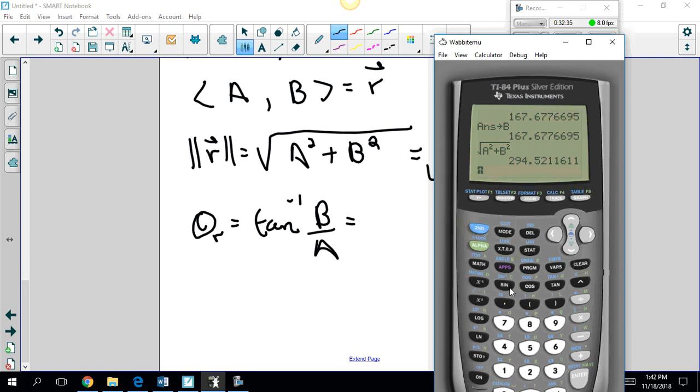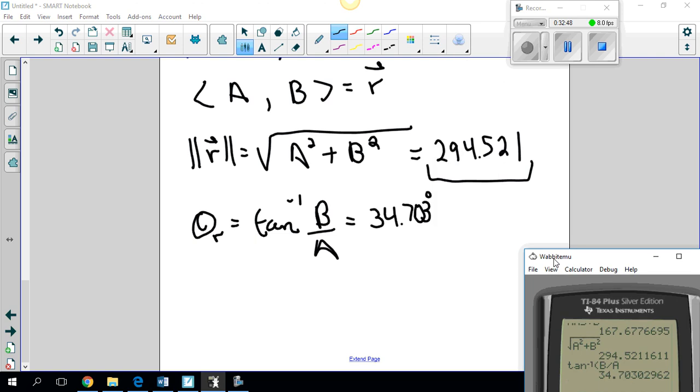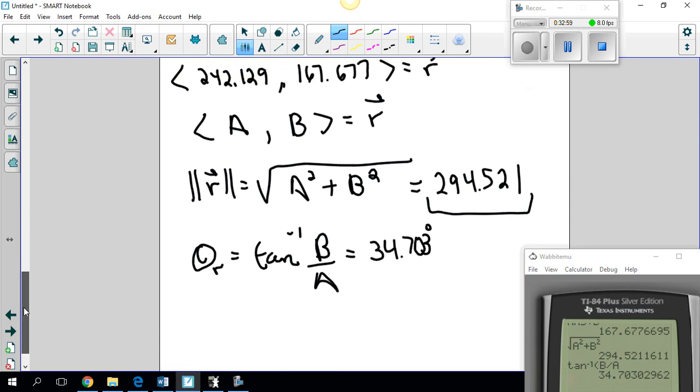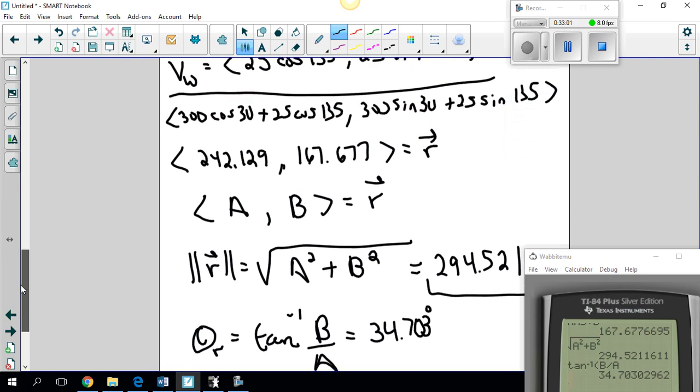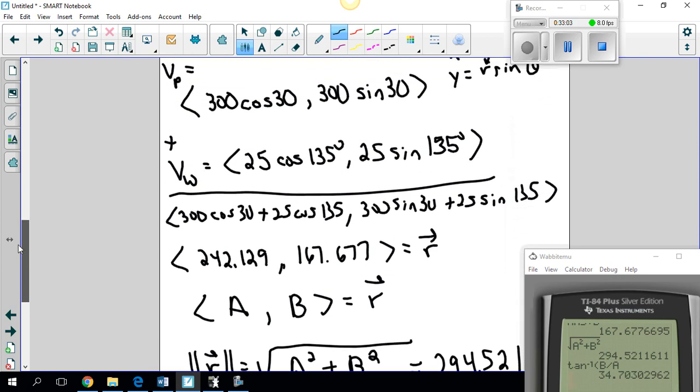Inverse tangent, alpha B divided by alpha A, and we end up at 34.703 degrees, which puts me in the wrong direction. So I have to see what's wrong, because it says my course is actually 4 degrees above what I took off. Therefore, there's a small mistake somewhere, and we need to find it.